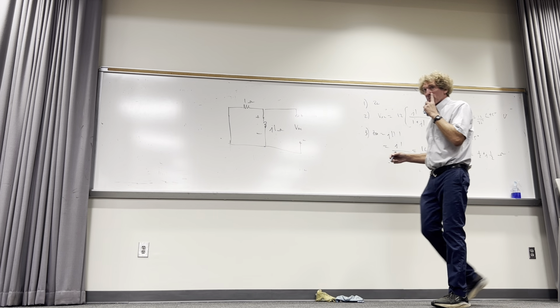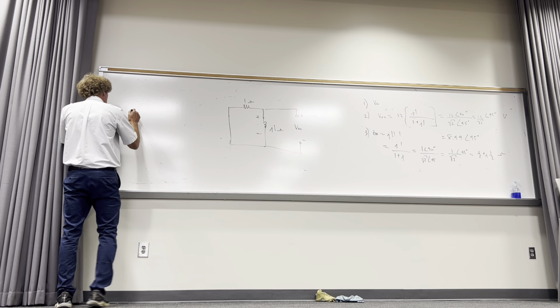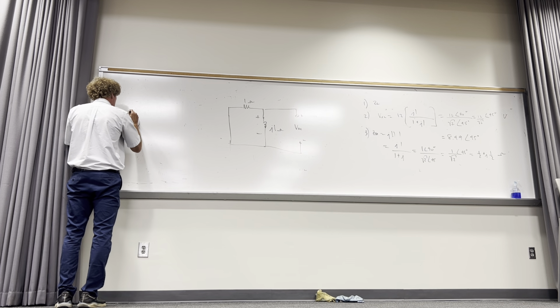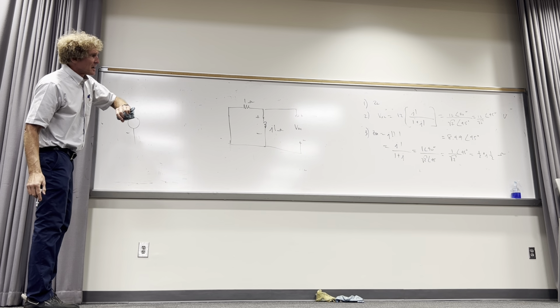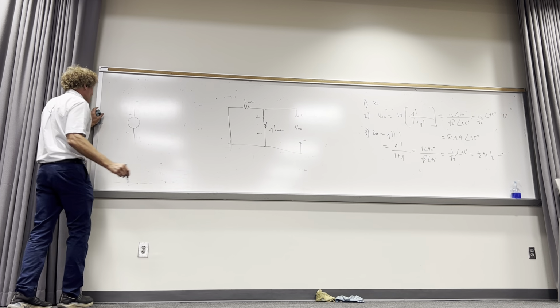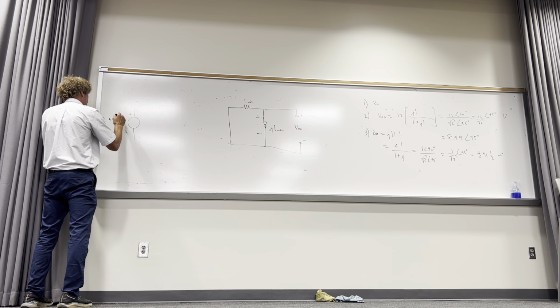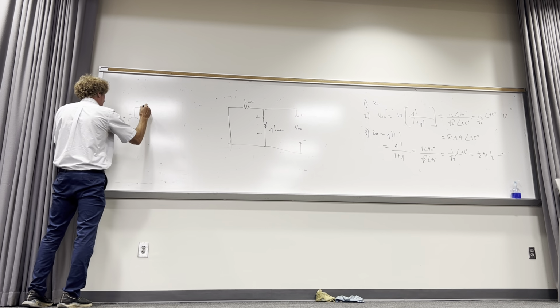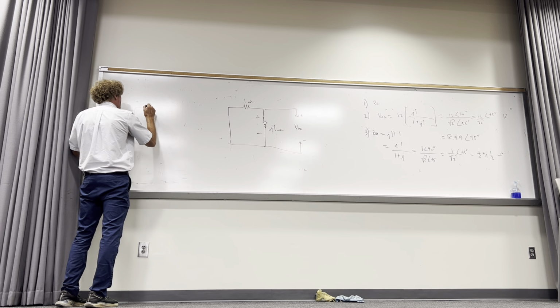So now we build the circuit, and we have a voltage here. This is my open circuit voltage of, what is it? 8.49 at 45. My impedance is going to be 1/2 plus J1/2.